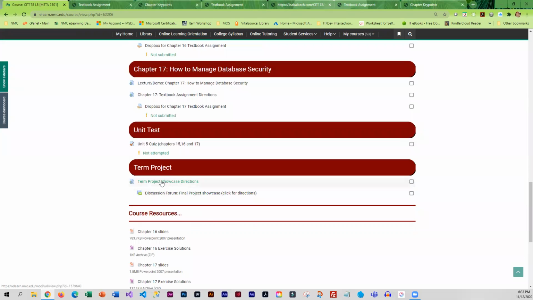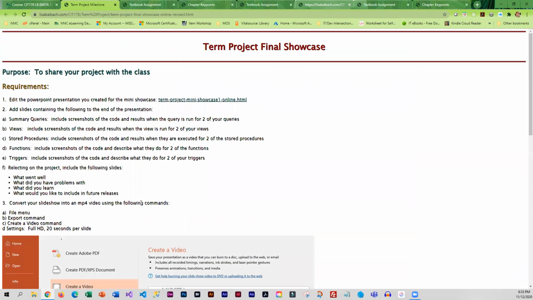And then we get into the term project showcase. This showcase is due on the 30th, 11:59 p.m. You're going to take your slideshow that you created weeks ago that you used for our previous showcase, and you are going to add slides to it.